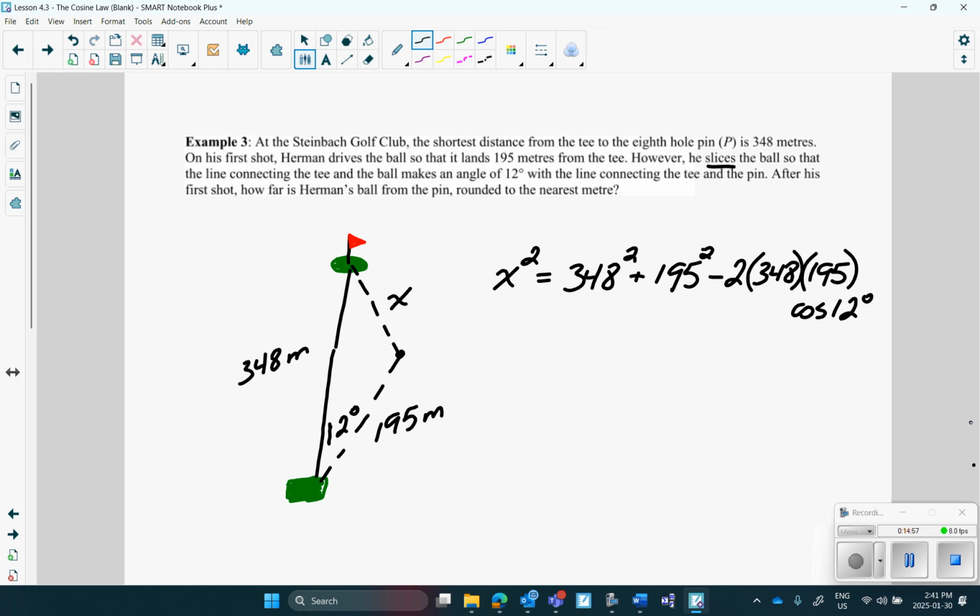Now, you could save yourself some time. You could probably do it all in one shot if you wanted to, or you could just do these together.